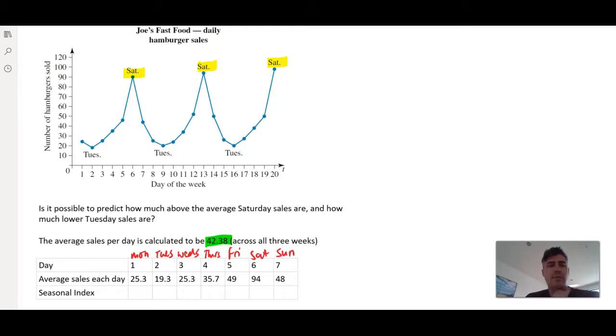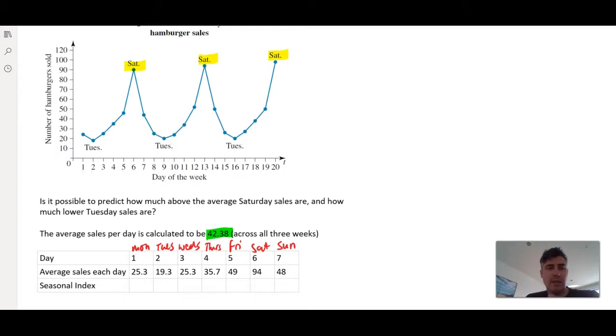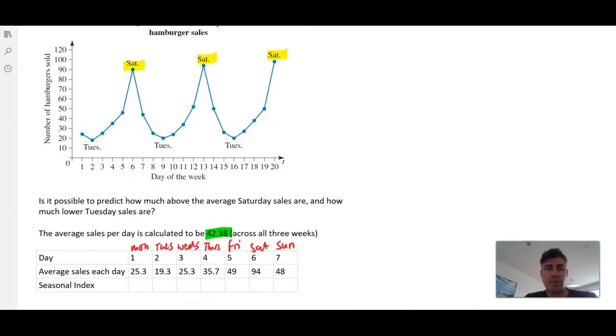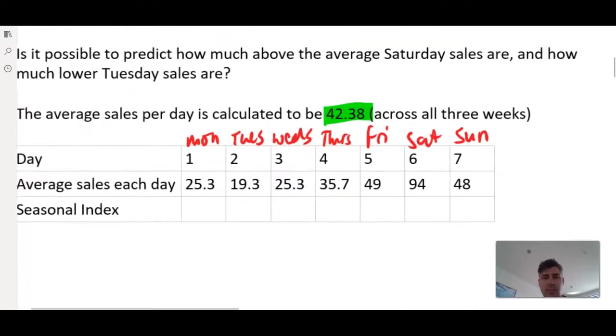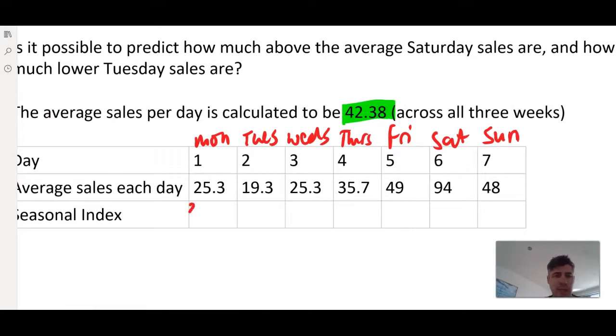And the way you work out the index is as a ratio of the two. So for the index for Monday, we're going to get 25.3, and we're going to divide it by 42.38, and you can see roughly that will come to about a half, or about 60%.